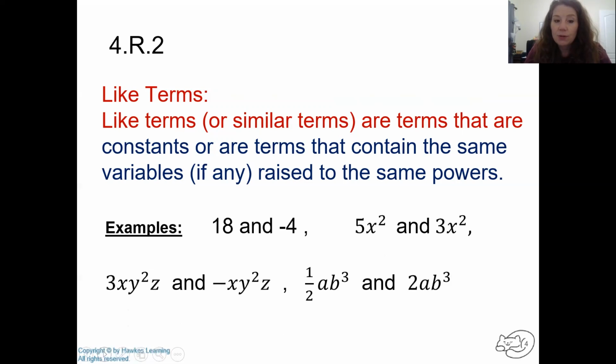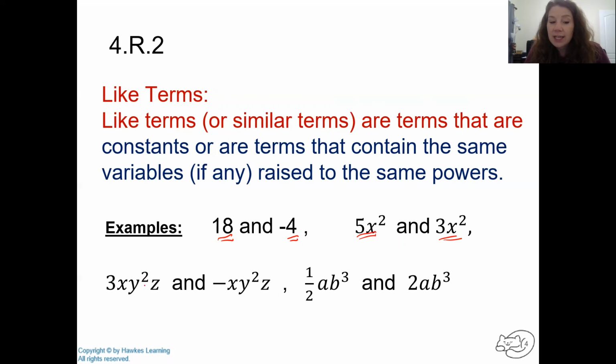For example, 18 and -4 are like terms. They're both constants. They're not attached to a variable, so they're constants. Now look at these 2 variables, x squared and x squared. So the x squared makes these 2 terms like terms. So we have 5x squared and 3x squared. All right, the next 2 are like terms because both of them have the variables x, y squared, z.